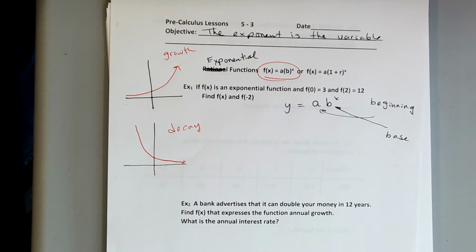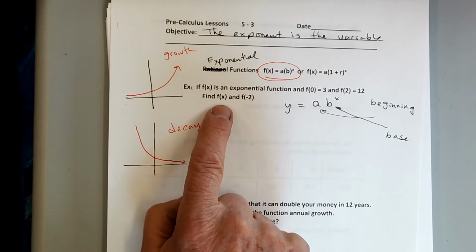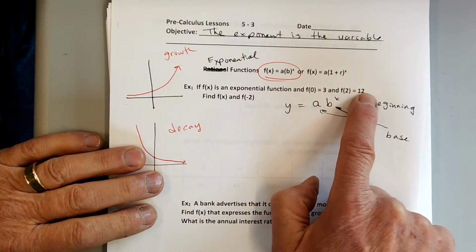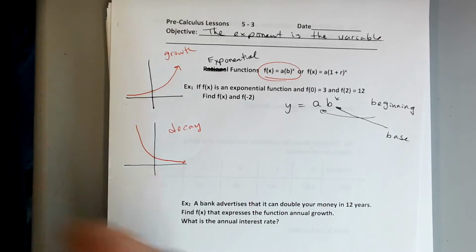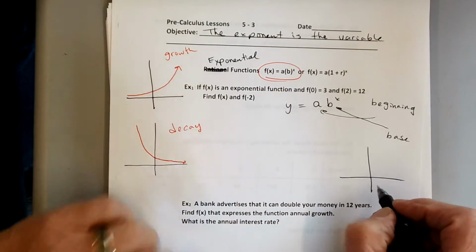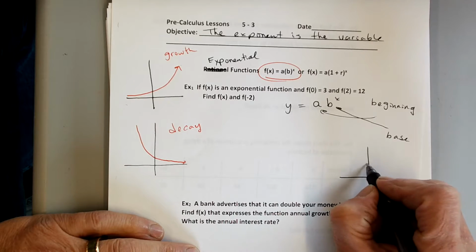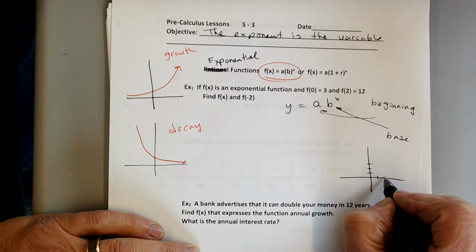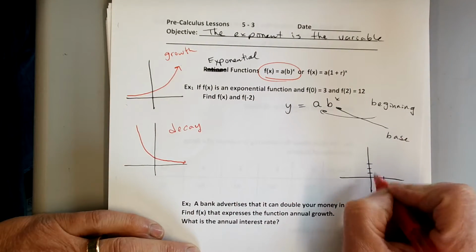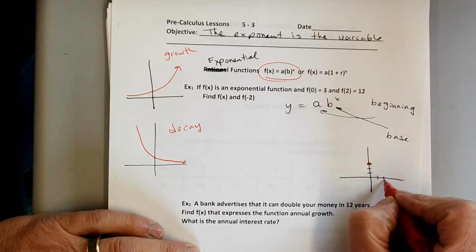Okay. So if we've got example 1, f of x is an exponential function, and f of 0 is 3, and f of 2 is 12. If I do a really quick little sketch of this, we'd have a point at 0, 3, and a point at 2, 12.